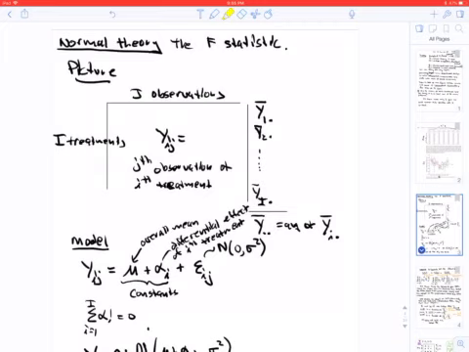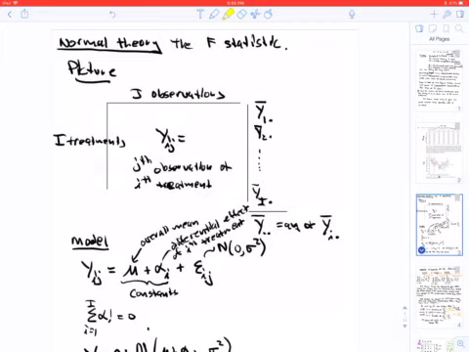So we begin with the normal theory, the F statistic. Our picture is we have I treatments. I is generally written as the rows, and J independent observations are the y's, and our data are the yij's.